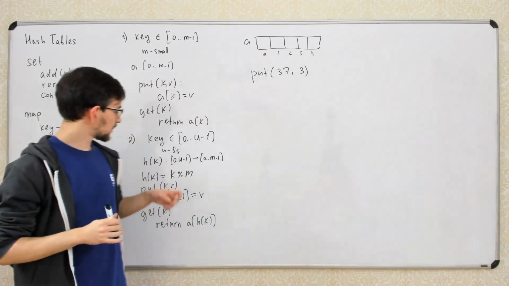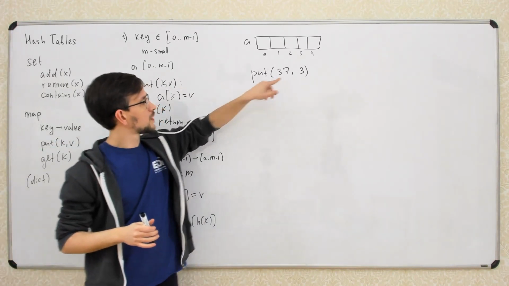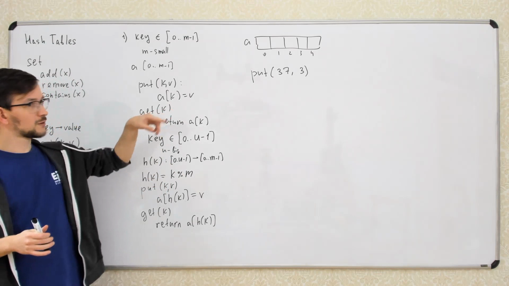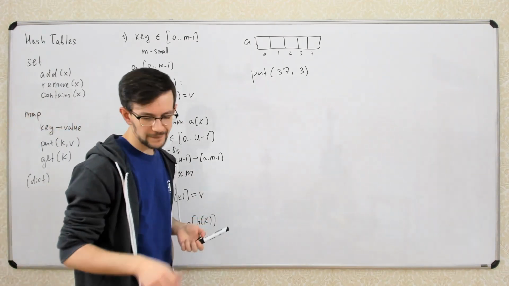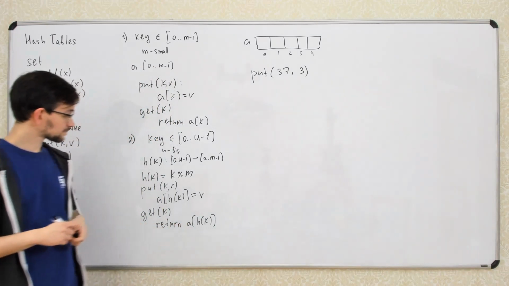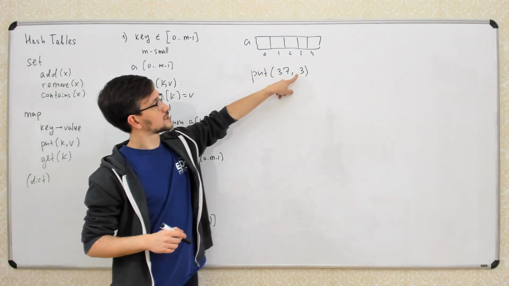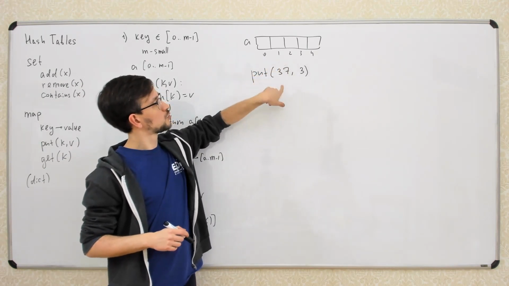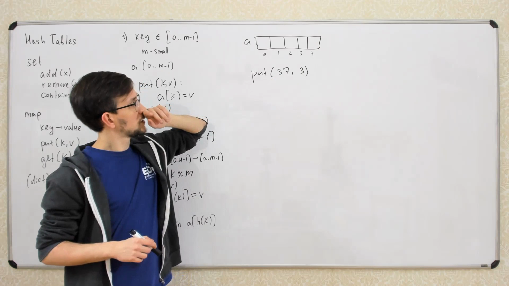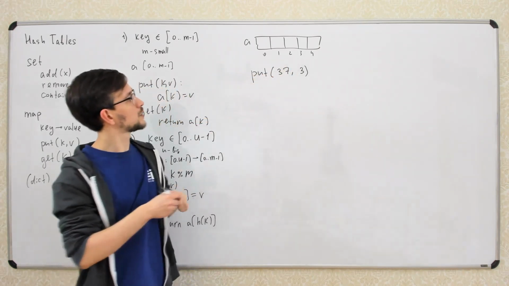We will calculate this function from this number. We will have 37 modulo 5, which is 2. And we will put this value in the cell corresponding to this hash function. So 37 gives 2, so we take the second element in our array and put the value there.